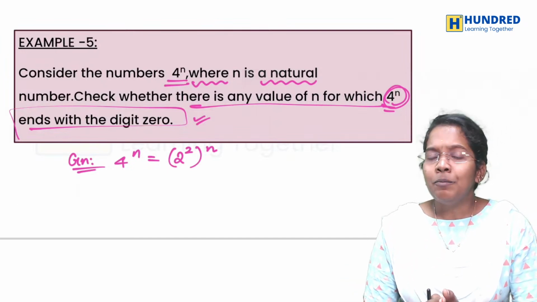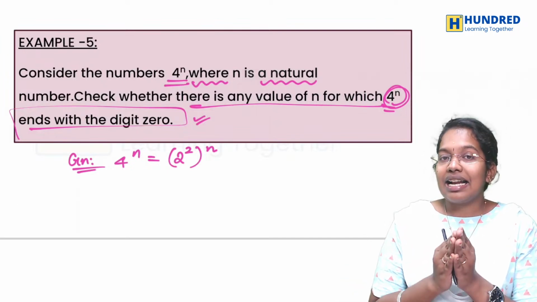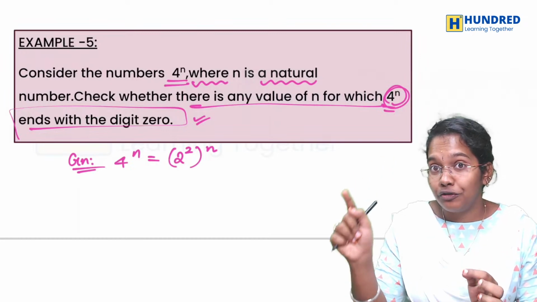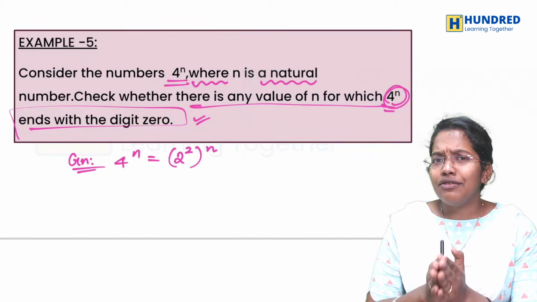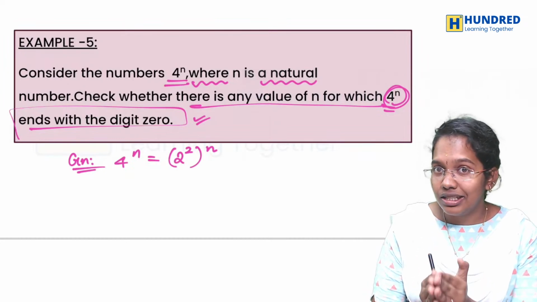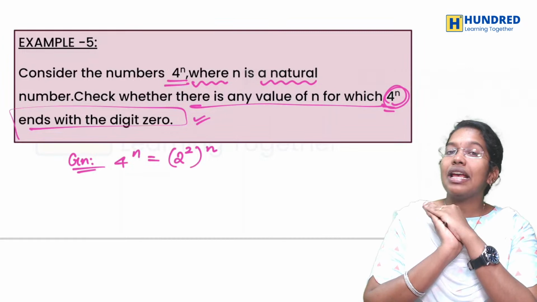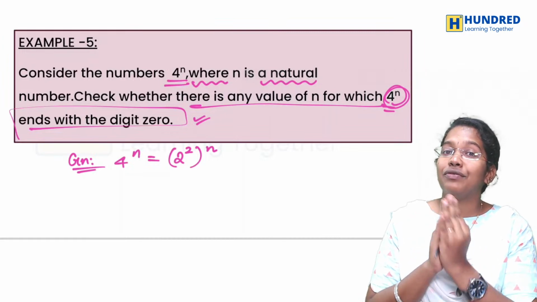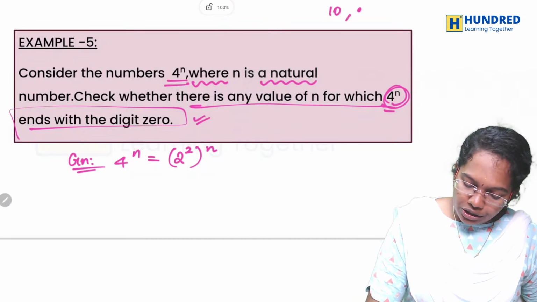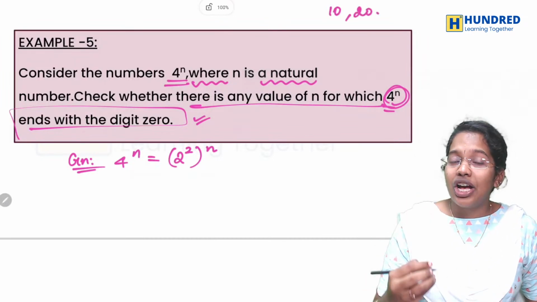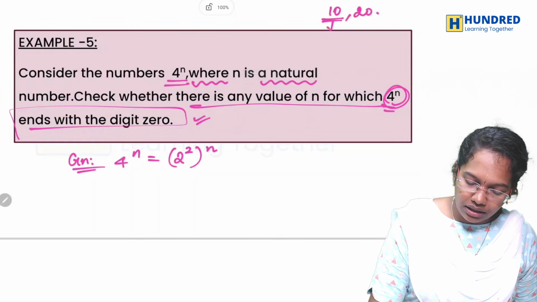Okay, so they are asking us for which value of n the last digit ends with 0. So if a number should end with 0, then there should be a factor 5. Yes, if it is 10 or if it is 20, there will be a factor called 5.